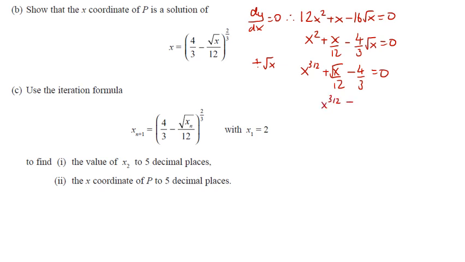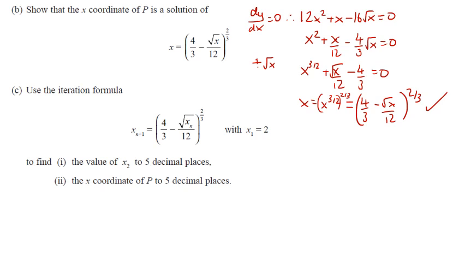So x to the 3 over 2 is equal to 4/3 minus root x over 12. And then I just need to raise both sides to the power of 2 over 3. Okay, so that's 3 over 2 to 2 over 3, they cancel, so that's just x. Okay, and then we're done.